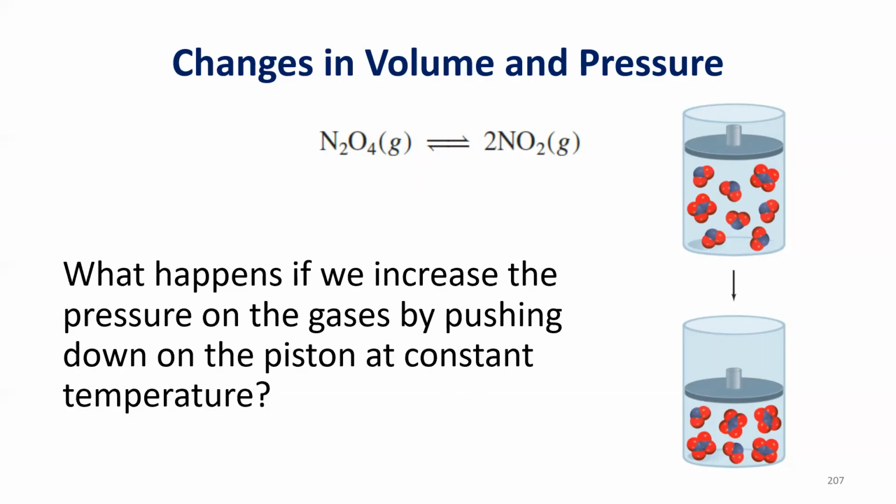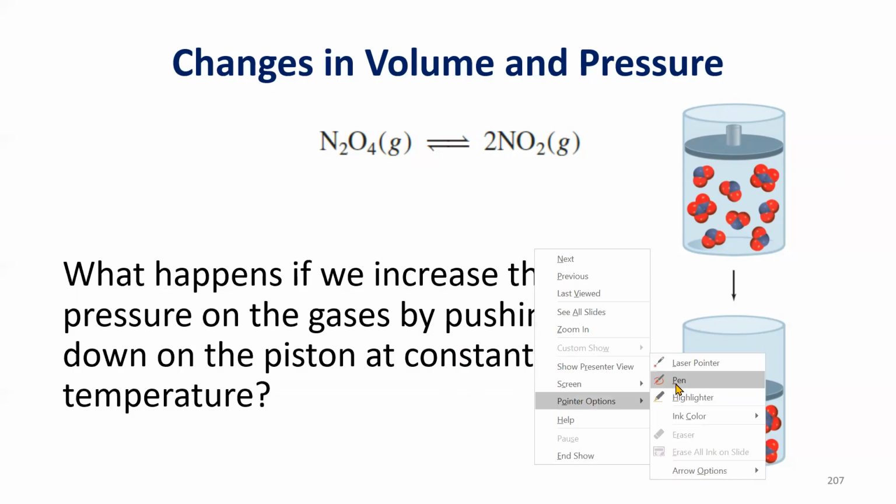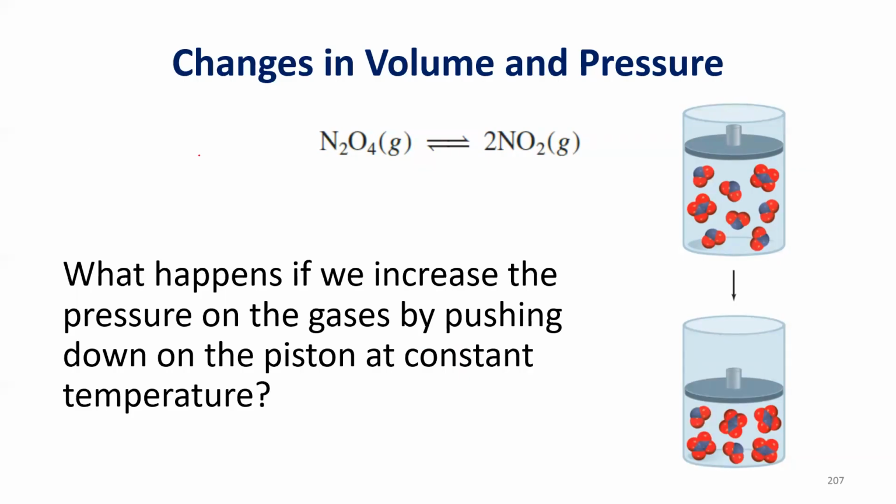So when you reduce the volume, what happens to the concentration? Remember, the concentration of the gas is given by n over V. So if you reduce the denominator, it means that you increase the concentration of that particular gas.